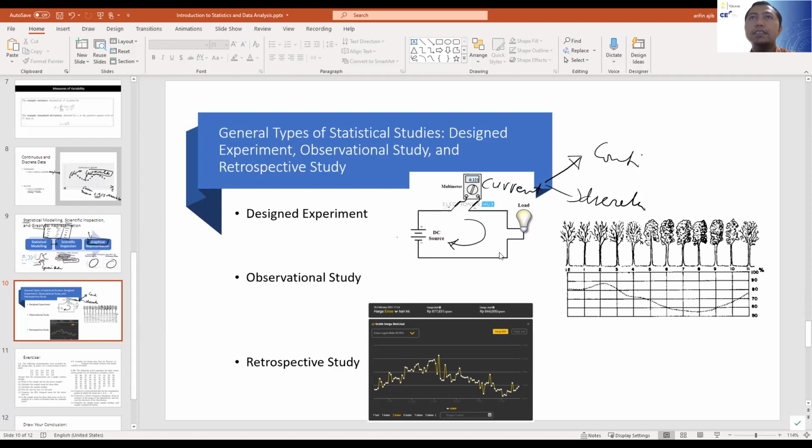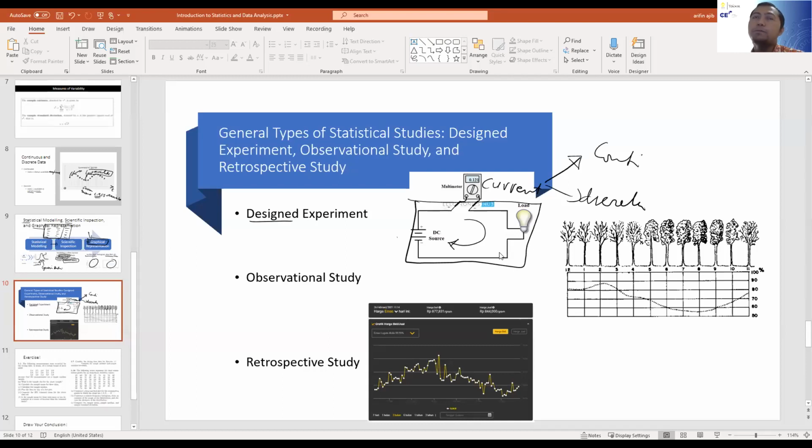But the point is, this measurement is taken from an experiment, from a designed experiment. It means that this experiment should be designed.